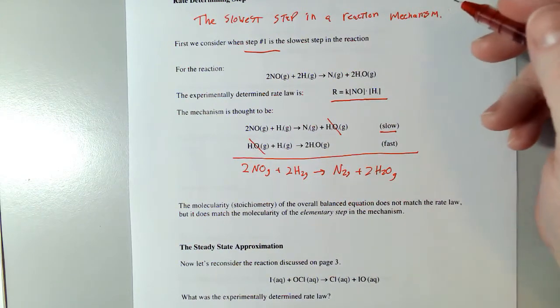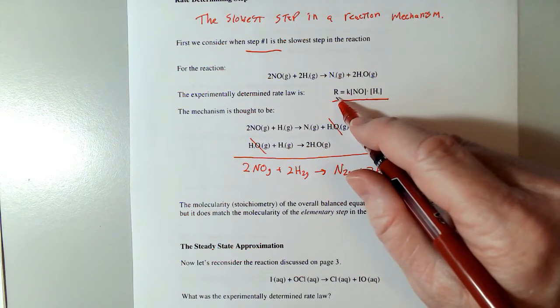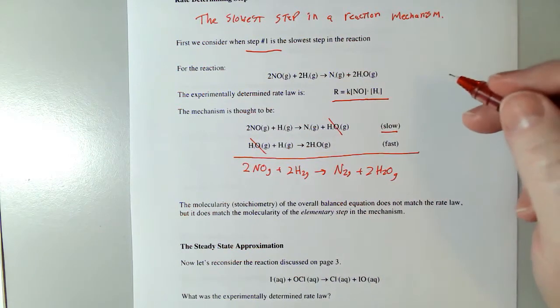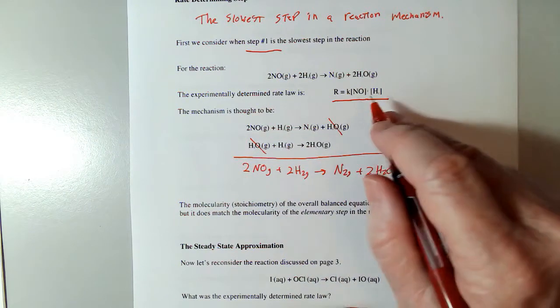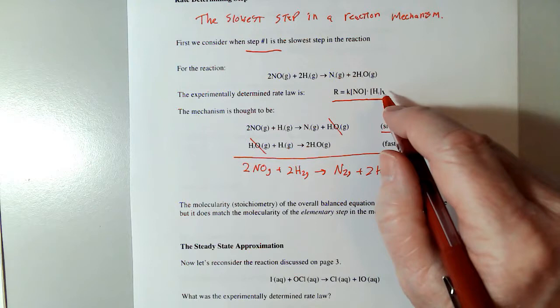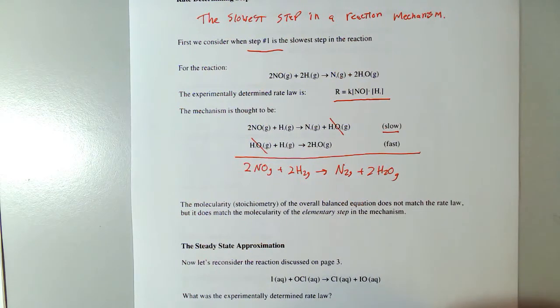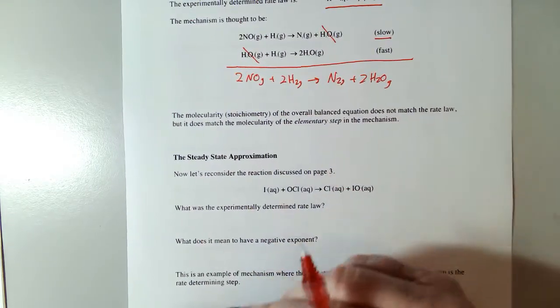Now, the other restriction, does the rate law match? Well, the rate law has to be written for the slowest step. And in this slowest step, I have 2 NOs, that matches the 2 up there, and 1 H2, and that matches the 1 up there. So this agrees with experiment, and the equations add up to give you the overall balanced equation.